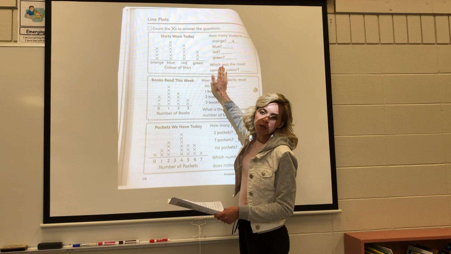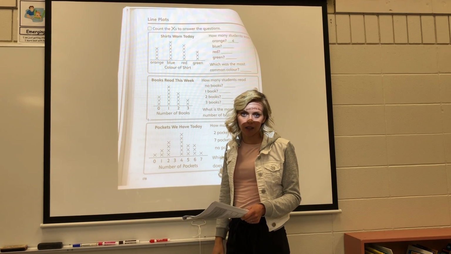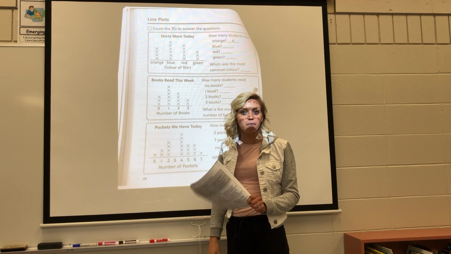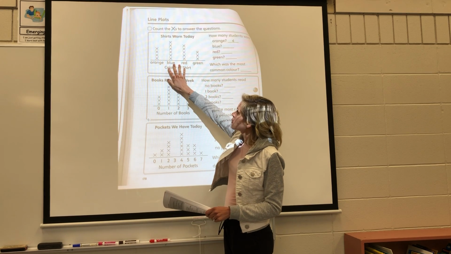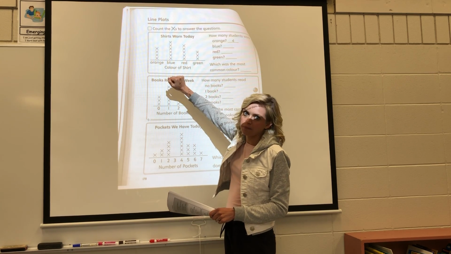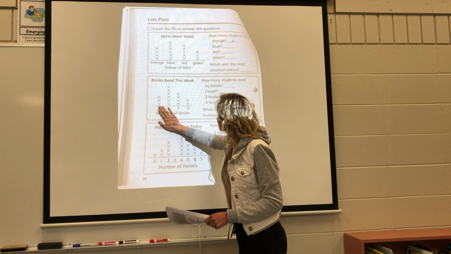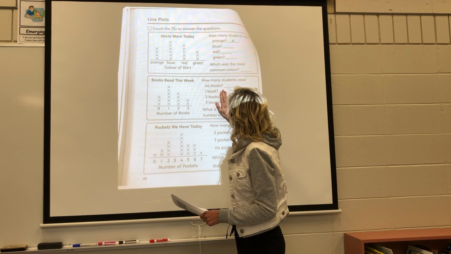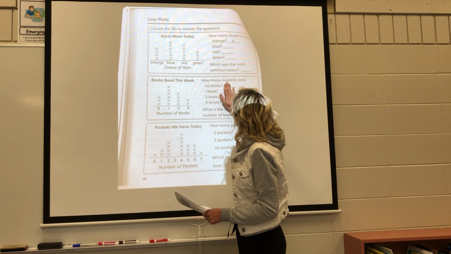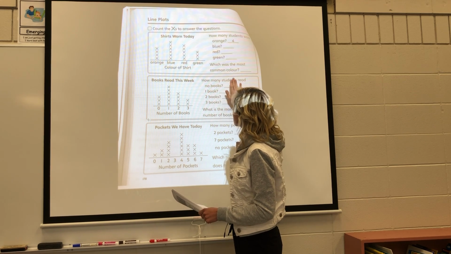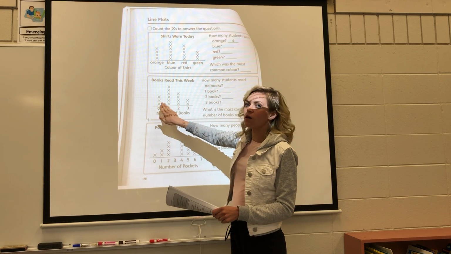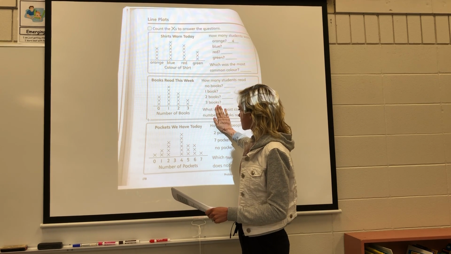And then it says which one was the most common color, which means which one was most popular, right? Which one was worn the most, which color, okay? Fill that in. Next one, you're gonna do the same thing. You're gonna tell me how many students read 0 books, 1 book, 2 books, or 3 books.